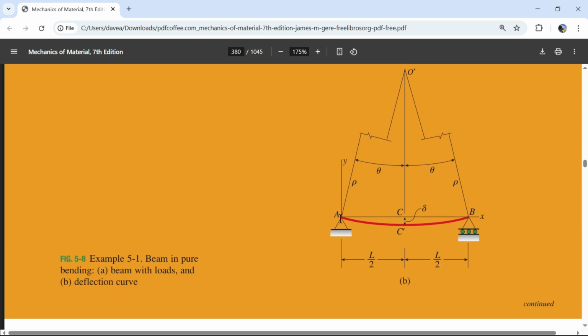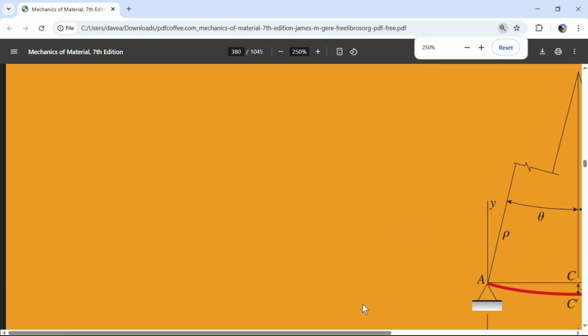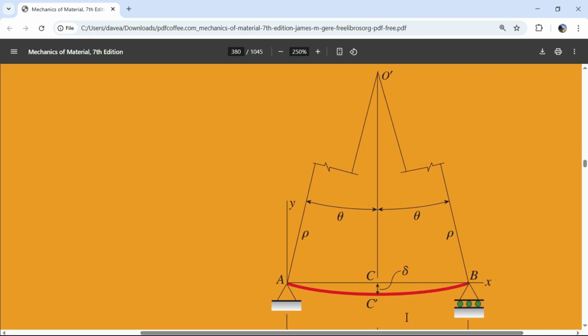So you're taking the chord from the neutral axis to here. And then we're going to say the deflection is, and even here, if we zoom in close, we'll be able to see that the arrow goes from the chord to the neutral axis. But over here, it doesn't look like this chord, this Y and X, is drawn.